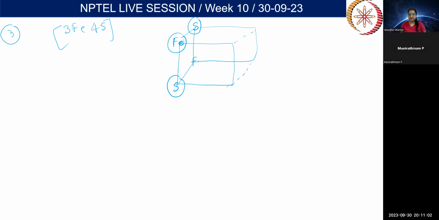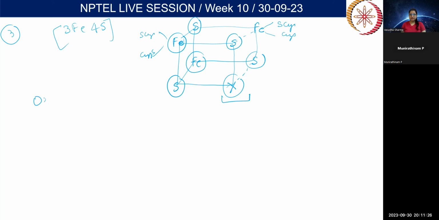This sulfur and sulfur are bound with another iron. Here also we have iron, here sulfur. This place remains empty and this is sulfur. The coordination is completed by the cysteine sulfur molecules outside, and this corner remains empty. This kind of structure forms 3 iron and 4 sulfur.